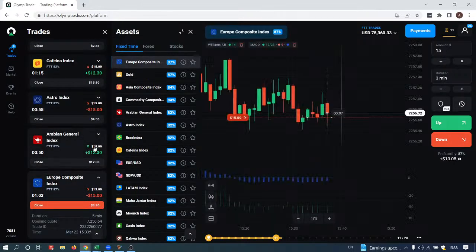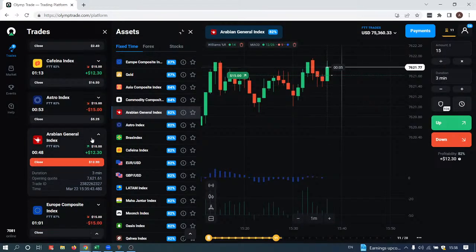So yeah, I open trades, I switch between assets quickly.